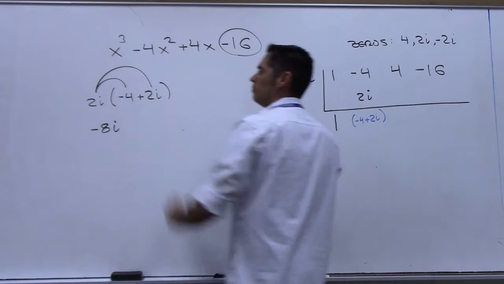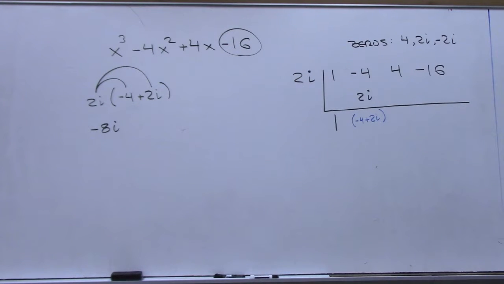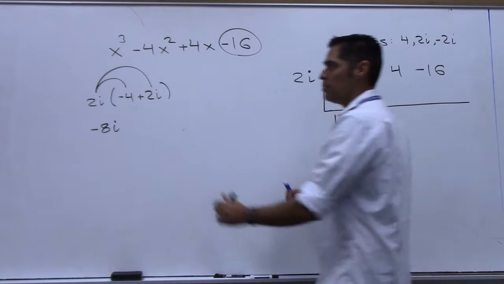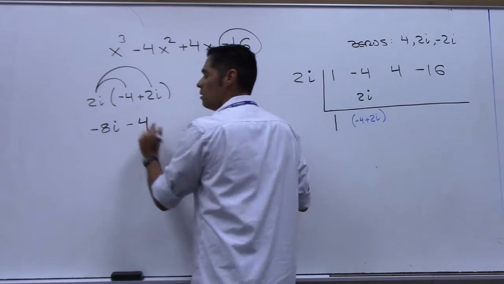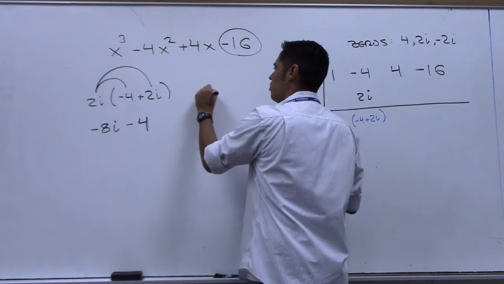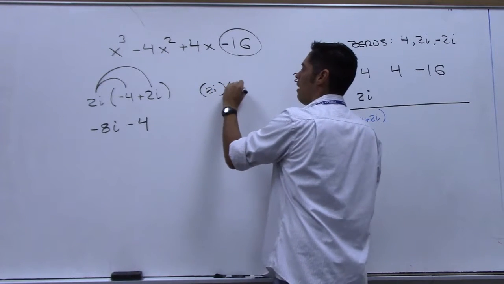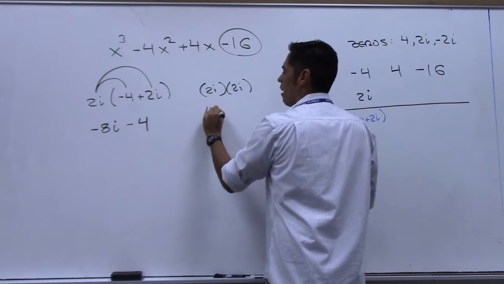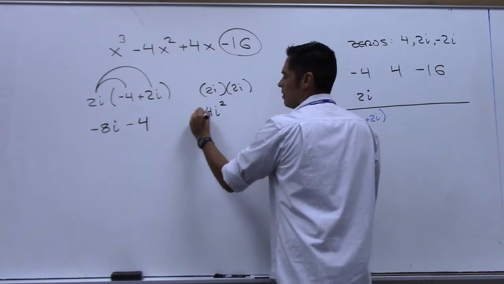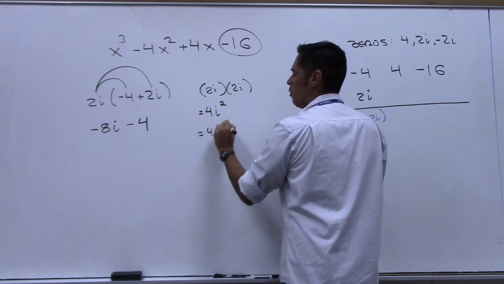Careful here. 4i squared, but what's i squared? Negative 1. So this would be negative 4. 2i times 2i is 4i squared, but that's the same as 4 times negative 1, so it's negative 4.